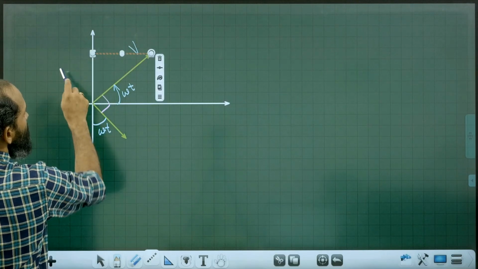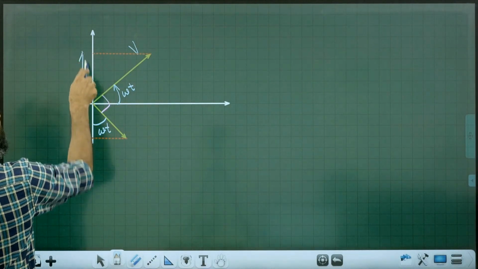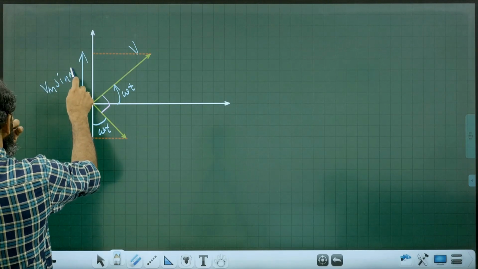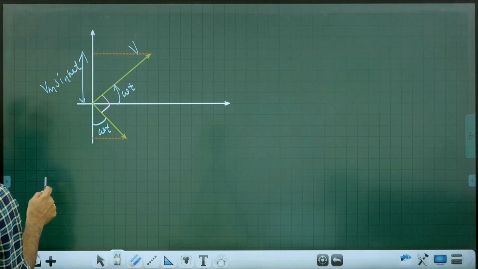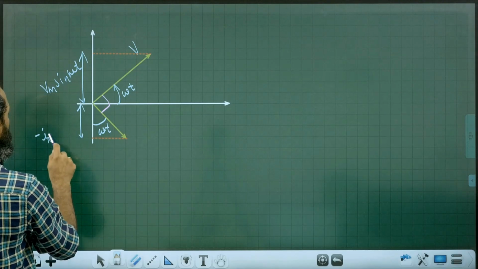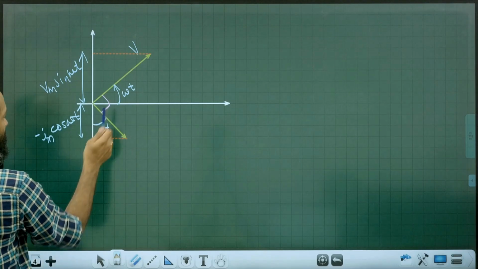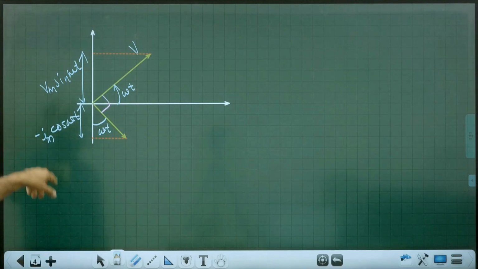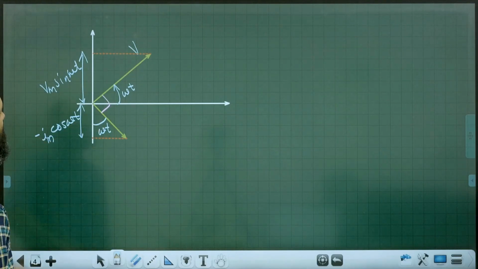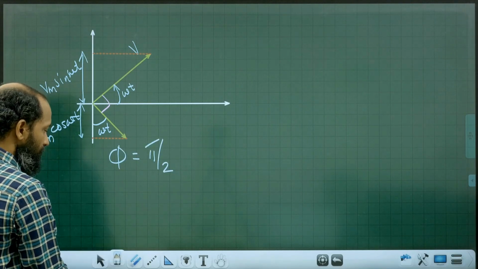Dropping onto the vertical axis, you will measure the projection for the voltage phasor as Vm sin omega t, that is the supplied voltage, and the output, which is the circuit current, is minus Im cos omega t, because it is the adjacent side and that is the negative side, that's why it is minus. So you can choose such a diagram to clearly show the phase relationship between voltage and current, which tells you the phase angle is pi by 2.